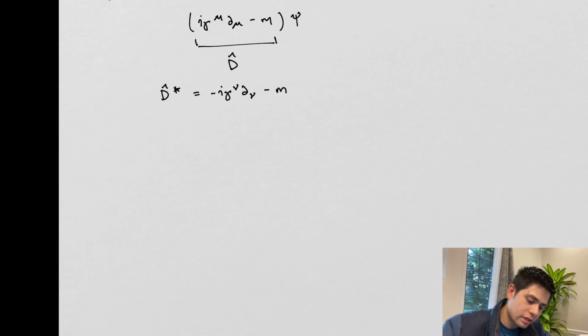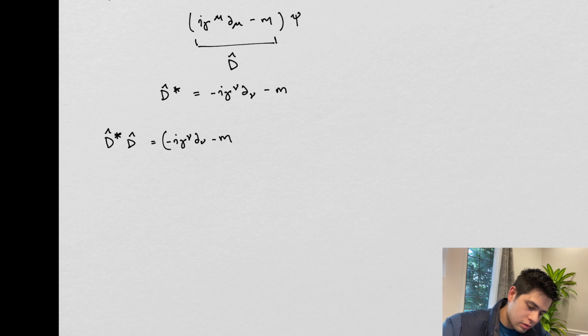So we can consider now what D star times D might look like. Well, this object looks like (minus i gamma^nu d_nu minus m) times (i gamma^mu d_mu minus m).